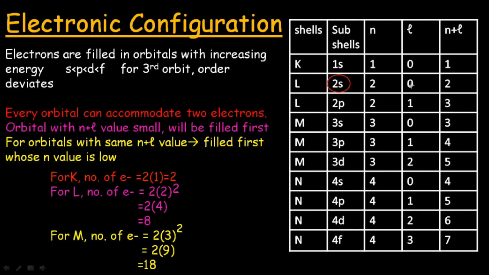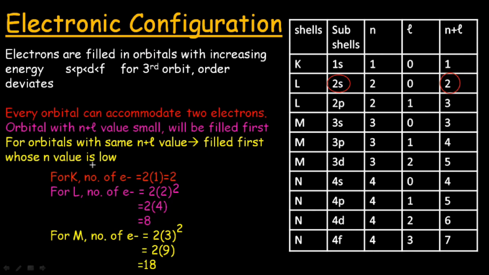For s, the l value is 0 and 2 plus 0 gives us the answer 2. It means if an element contains more than 2 electrons, the remaining electrons after filling the 1s orbital with 2 electrons will be accommodated in the 2s orbital, because the 2s orbital has a greater n plus l value than the 1s orbital.